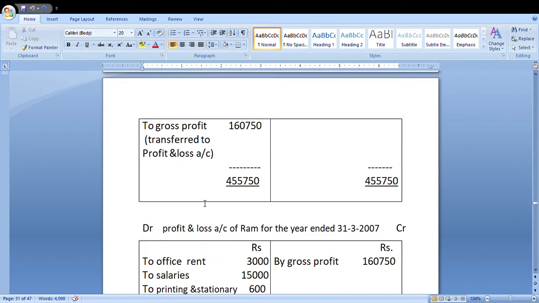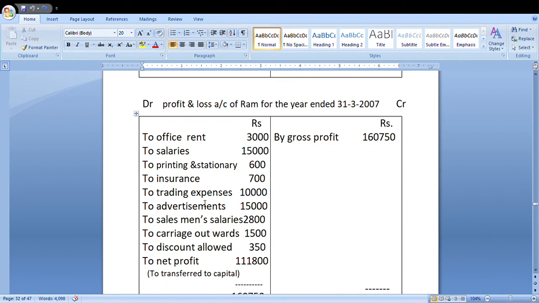Next stage, you prepare the profit and loss account. This also has two sides, one side debit, another side credit. Profit and loss account for the year ended 31st March 2007. In this profit and loss account, all expenditures enter the debit side.